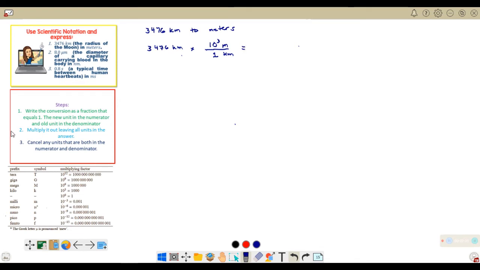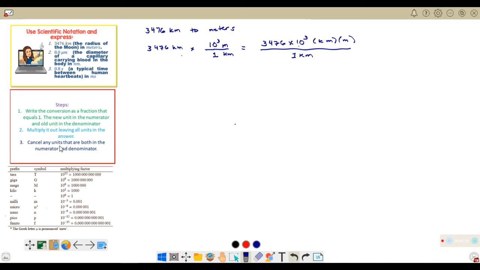So for step 2, multiply it out, leaving all units in the answer. So let's multiply them out. We have 3,476 times 10 raised to 3. What are the units? So first we have the kilometer, and the other one is the meter. And for the denominator, we have 1 kilometer.